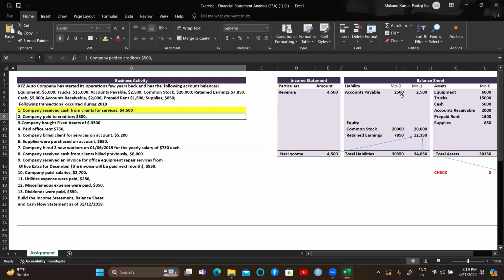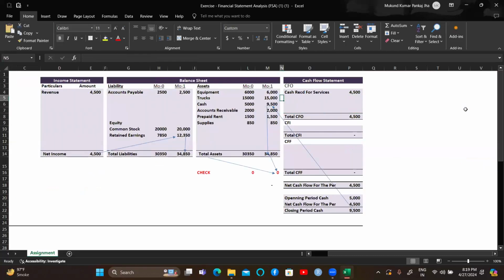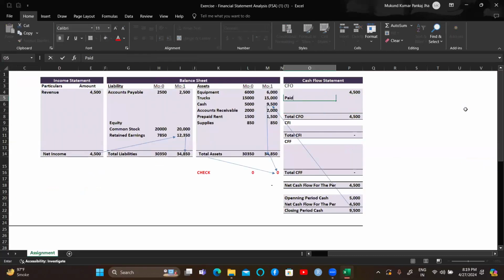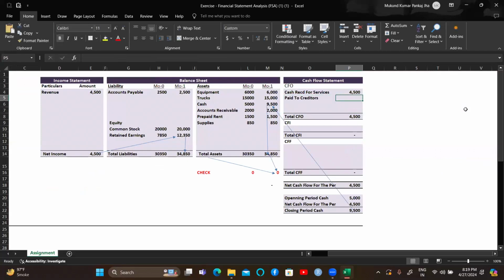Company paid to creditors 500 rupees. Paid to creditors how much? 500 rupees.